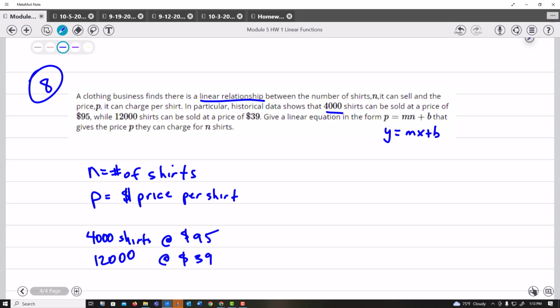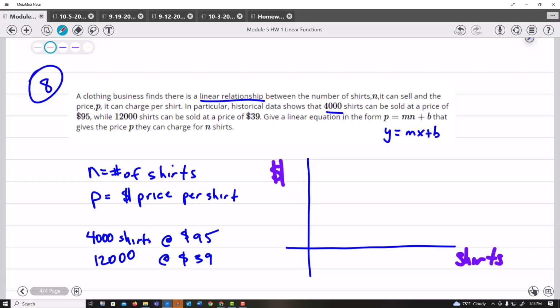So if you think about this, when you first read it, you're like, I have no idea what they want me to do. I'm going to draw this out and see if this helps a little bit. So these are actually points here. Let's call this the dollars, and let's call this the shirts.